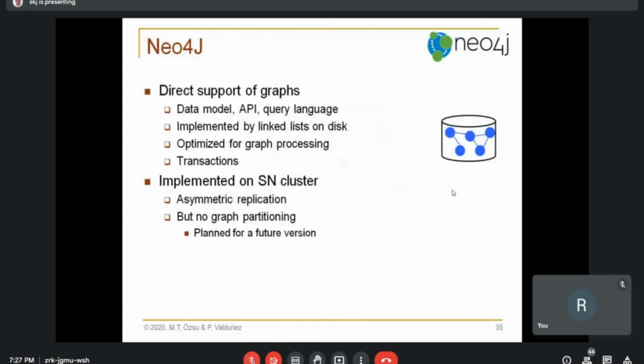Neo4j has direct support for graphs: data model, API, query language, implemented by linked lists on disk, optimized for graph processing and transactions. Implemented on a shared-nothing cluster with asymmetric replication, but no graph partitioning, which is planned for a future version.